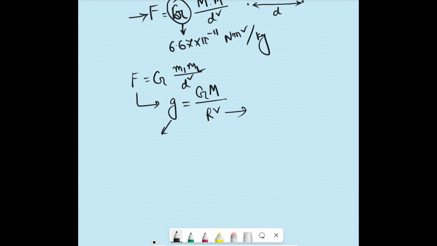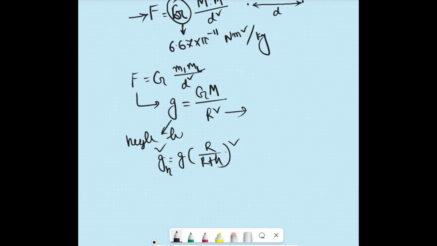If the height is h, we can write g(h) equals g times R over R plus h, whole squared, where h is the height. Here, at some height h, is the acceleration due to gravity, and g is the acceleration due to gravity at the earth.